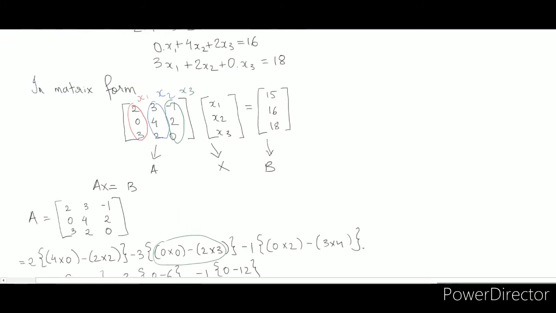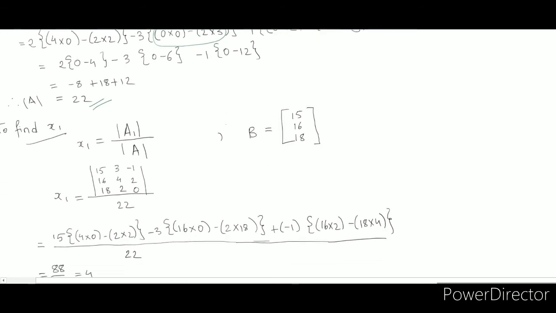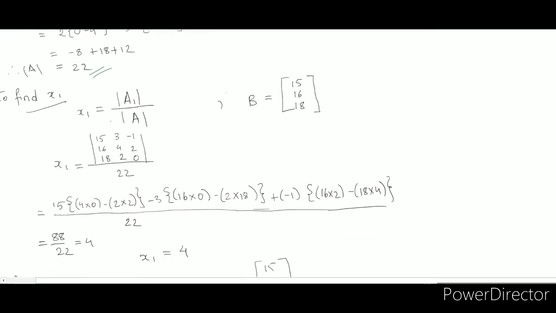You simply substitute these values over here. Remember, the coefficients of x2 and x3 will remain the same. So this is how it looks. Then you have to find the determinant of this matrix that has been formed by substituting the coefficients of x1. So what you get is x1 equal to 4.